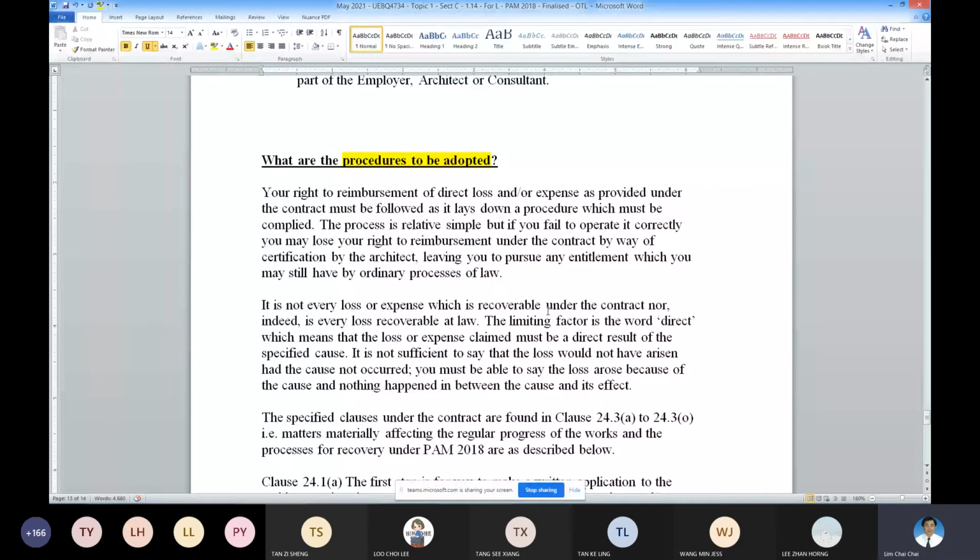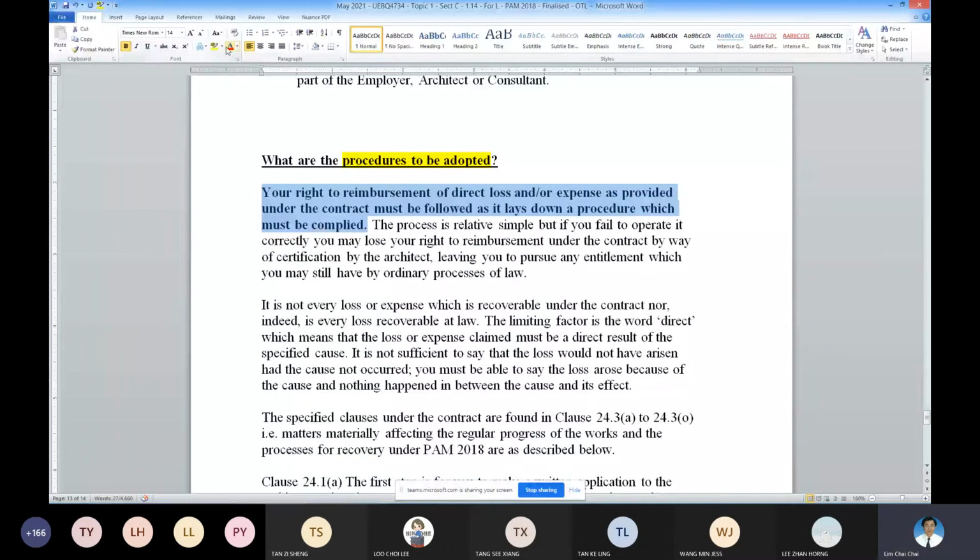See the word here, must be followed, strictly comply. If you don't follow, your rights extinguish. So fail to operate it, your right to reimbursement under this is going to be gone.